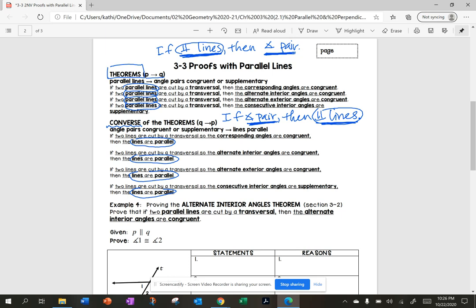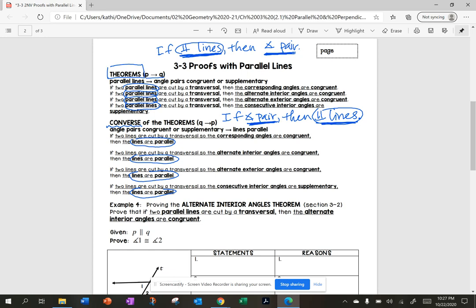The angle pairs that we're talking about are corresponding angles, alternate interior angles, alternate exterior angles, and consecutive interior angles. So the converse states that if the angle pair is congruent or supplementary, then I can make the conclusion that the lines are parallel.